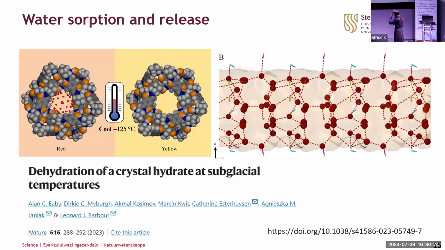And we think that what's happening is that the water forms these chains, and these chains have a periodicity. Water molecules have a certain length between different molecules, and the repeat chain of the water molecules is different to the repeat chain of these OH groups that are linking those water molecules. And we think that this is why the water is able to move and come out of the channel even at low temperatures.